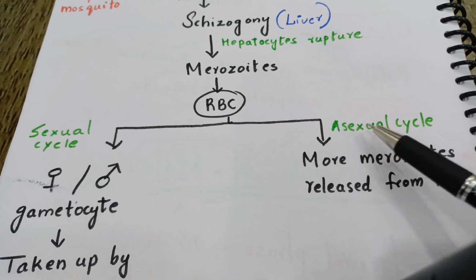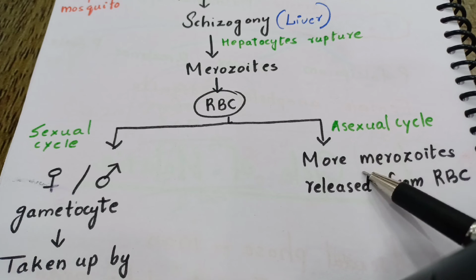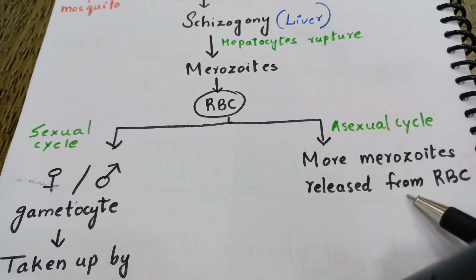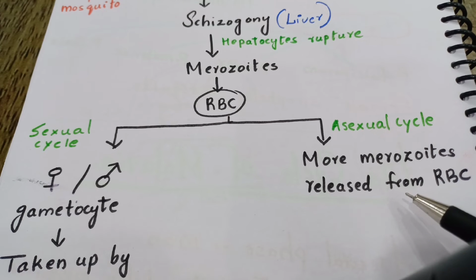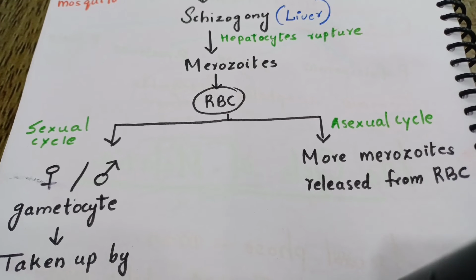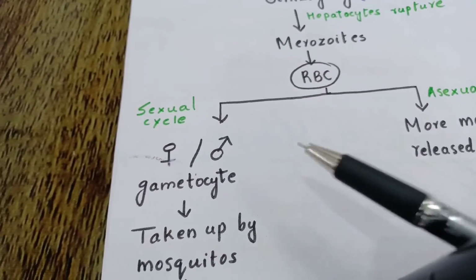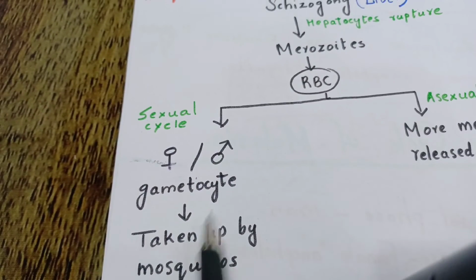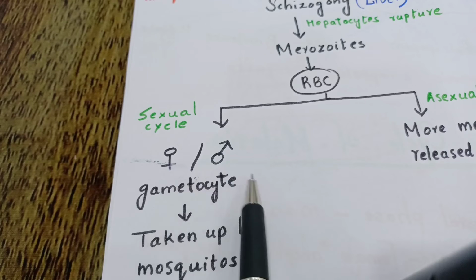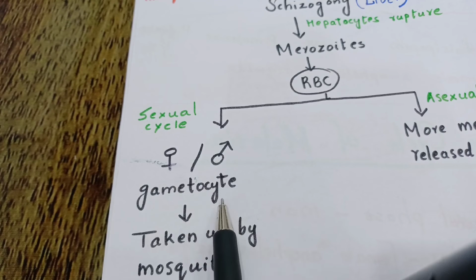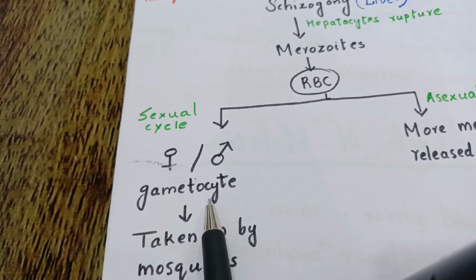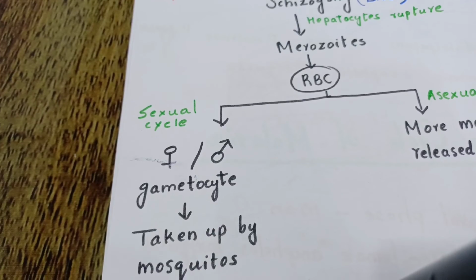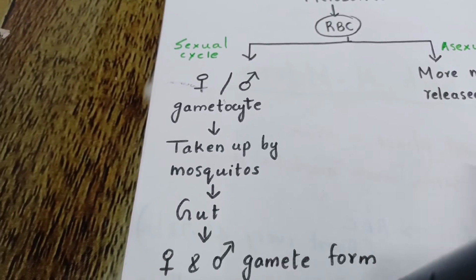And from the RBC, we can have an asexual cycle where more merozoites are released from the RBC. So these merozoites initiate asexual multiplication there. And it can also have a sexual cycle where the male and female gametocytes are formed. And these are taken up by the mosquitoes.